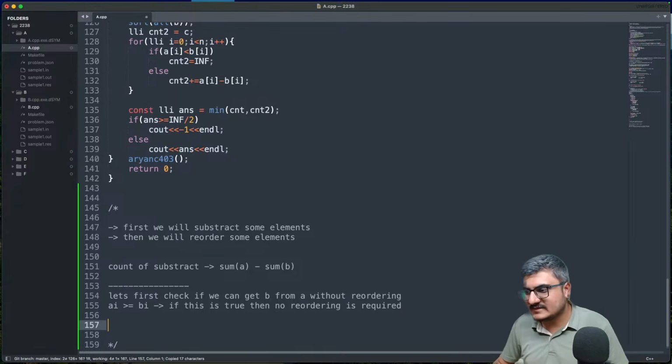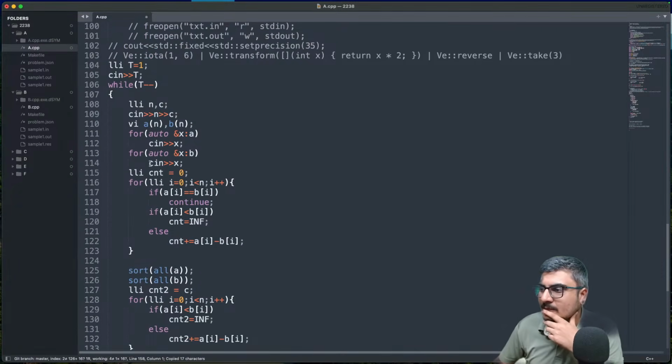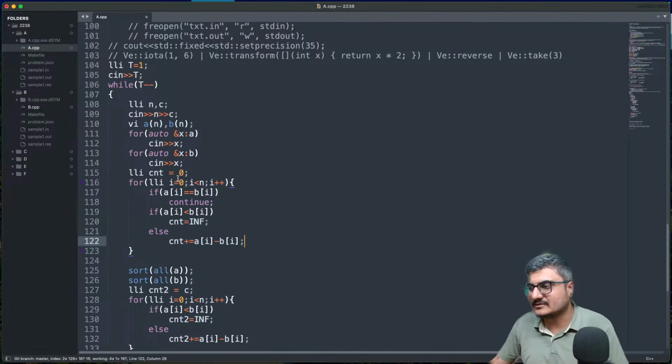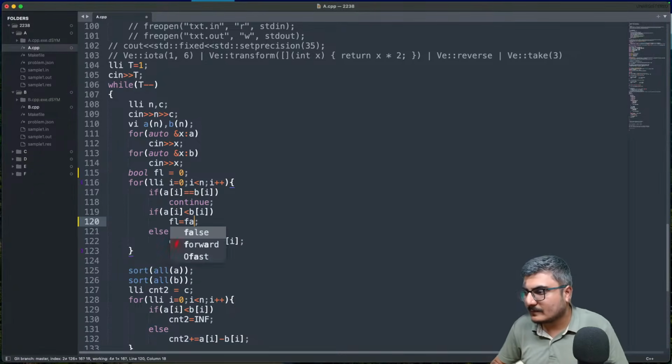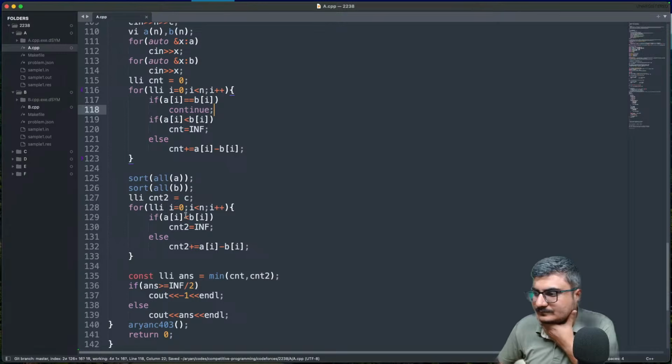That is an easy case first. If A and B are equal, skip it. If there is any index i where Ai is less than Bi, then we cannot get it without reordering, so skip it. Otherwise, you just count the number of operations. Or I think I will just leave it infinite.